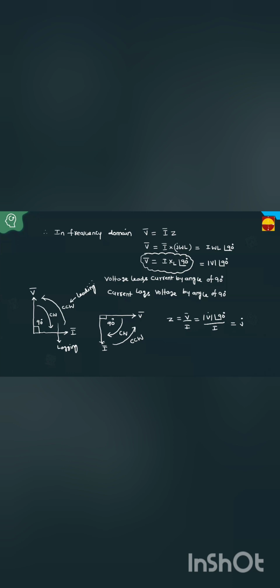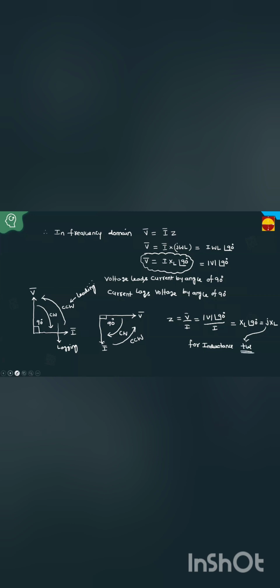V by I is Z, so V by I is XL, that is XL at an angle of 90 degrees, which is jXL. Is this positive or negative? Positive. For inductance, the reactance is taken as positive.